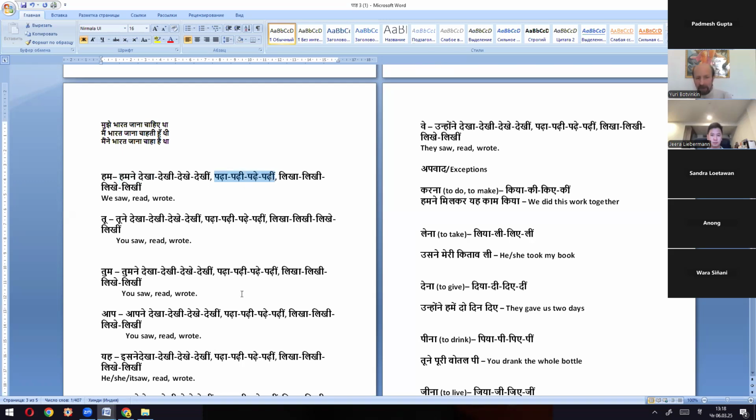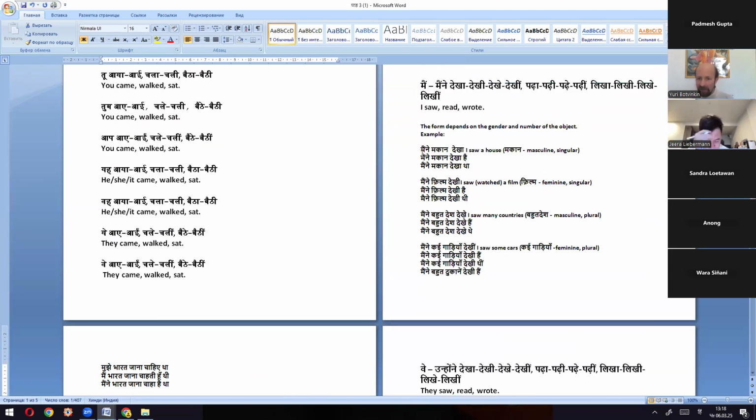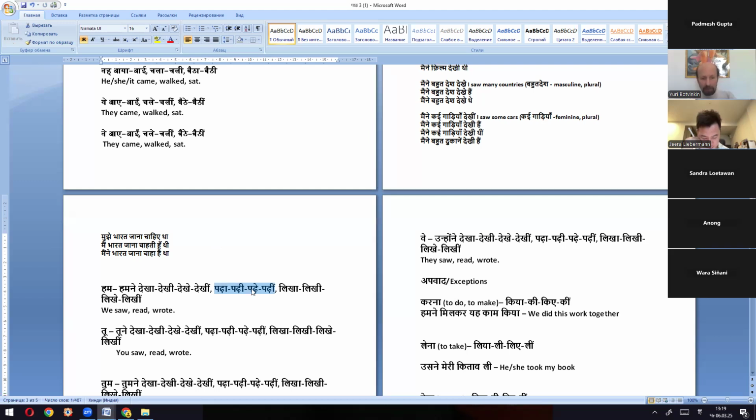Every verb you can see here has 4 forms for these 4 cases, which we put into sentences with मैं. मैंने मकान देखा, देखी, देखे, देखी. So the same. हमने पढ़ा, पढ़ी, पढ़े, पढ़ी, लिखा, लिखी, लिखे, लिखी. The same. The main thing now is just to pay attention to हमने. Hum also does not change into any other form, it remains हमने.